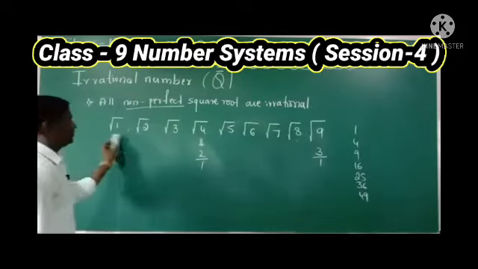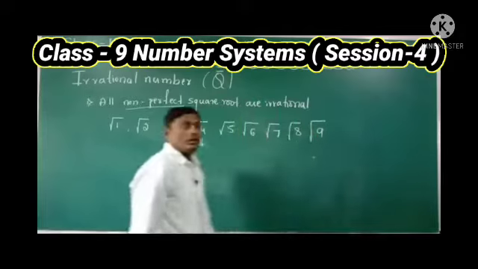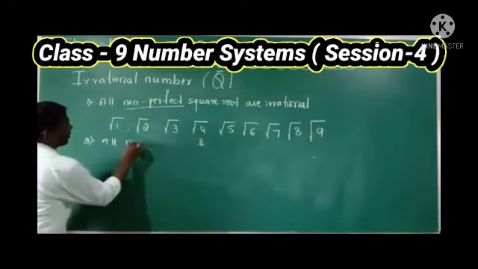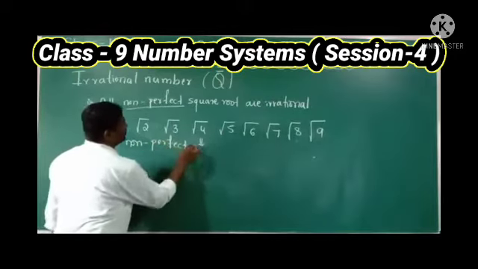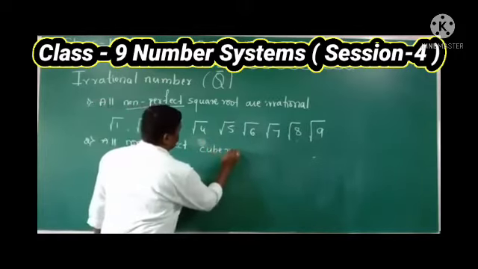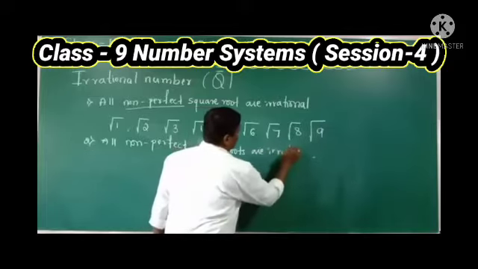Next one, second one, all non-perfect cube roots are irrational numbers.